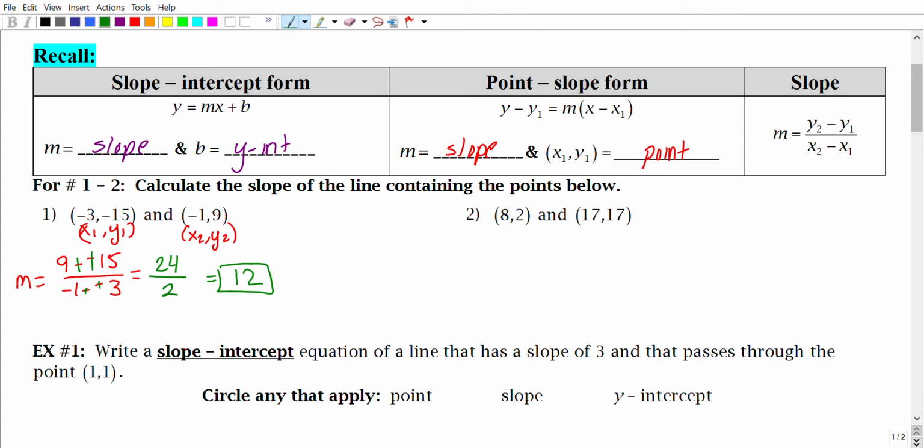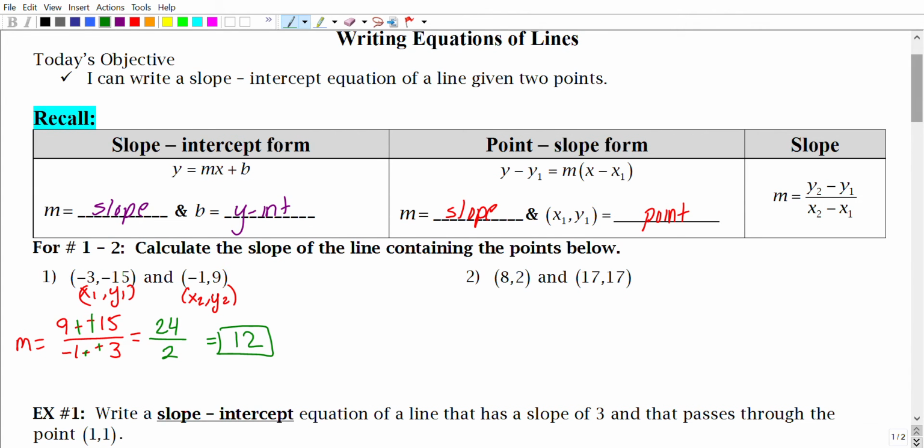Okay, now let's go ahead and try number 2. Once again, we can call this first one x1, y1, and the second one x2, y2. But just to change things up and to show you guys that we're still going to get the same slope, I'm going to call this one x2, y2, and this one x1, y1. Okay?